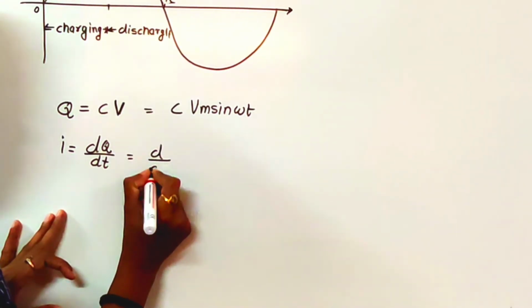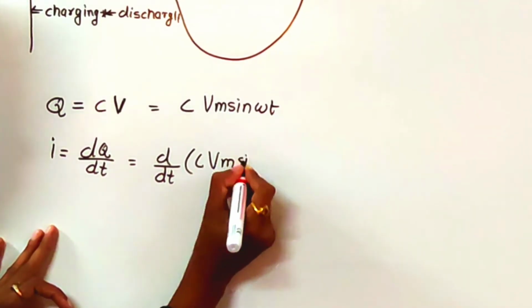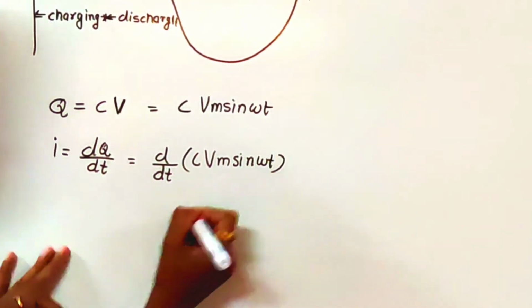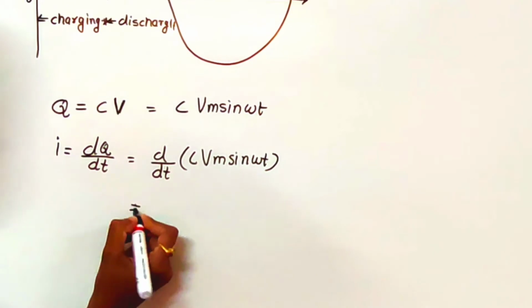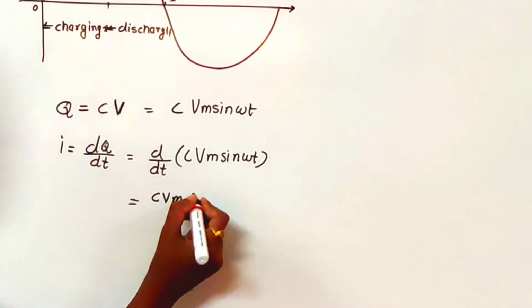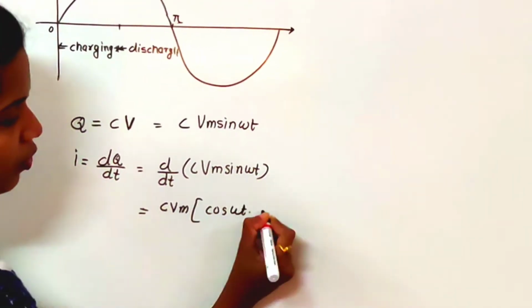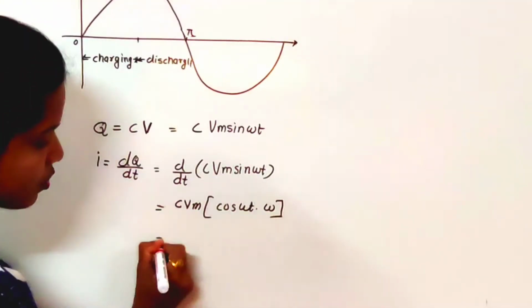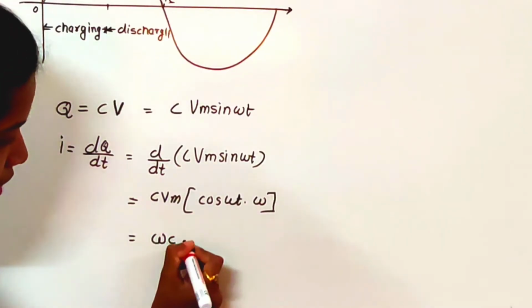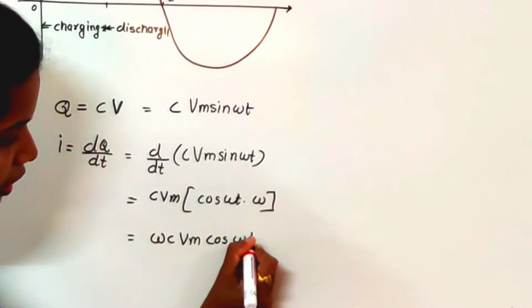Taking the derivative, the constant terms are C into Vm, and the derivative of sin omega t is cos omega t into omega. So the equation becomes omega C into Vm cos omega t.